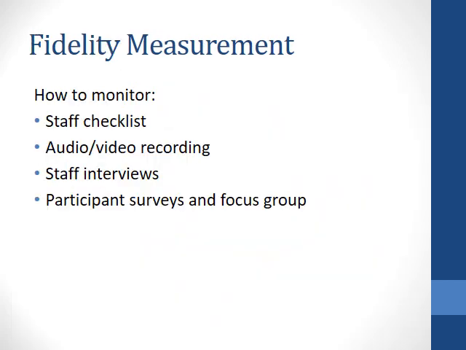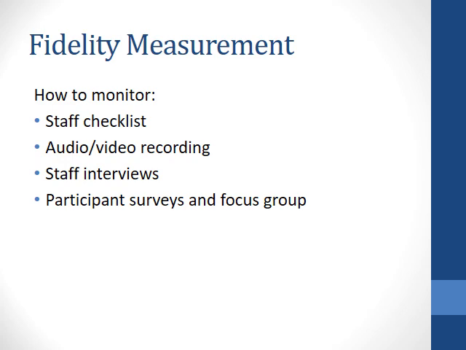The fidelity measures are different. With fidelity measures, you are trying to say that our program was implemented how we wanted it to be implemented. The way that you monitor fidelity is through staff checklists, so they can say, yeah, we talked about this, we talked about that. You could do audio or video recording, so you can physically tape the parent training workshops that you might be doing.